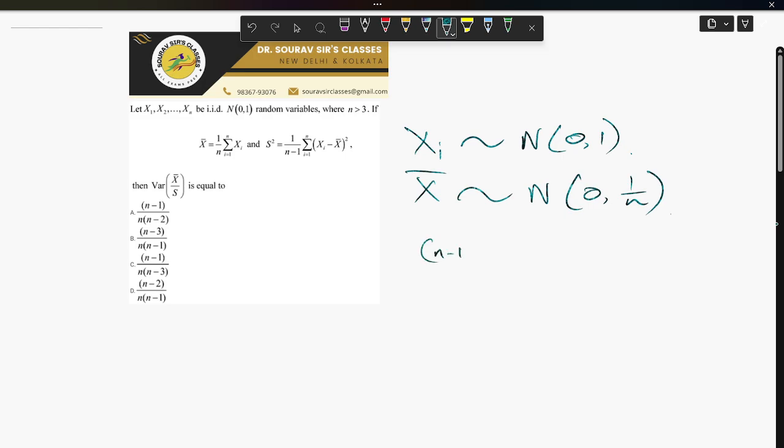So n minus 1 into S squared follows the chi-square distribution with n minus 1 degrees of freedom.